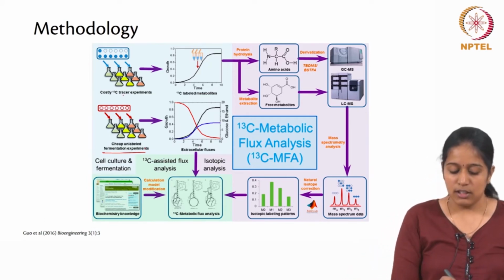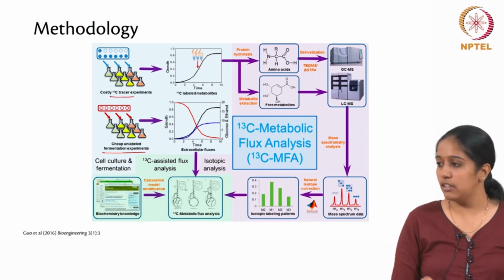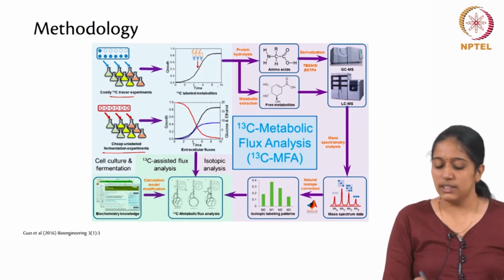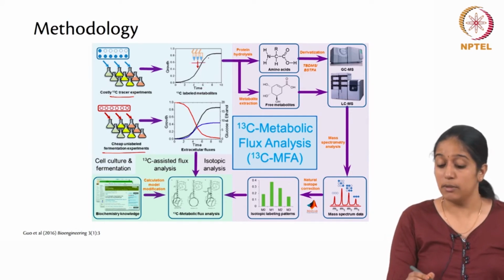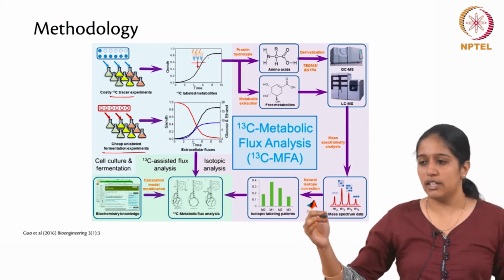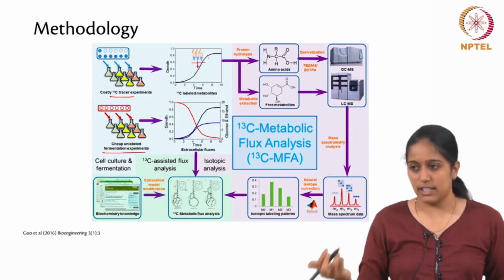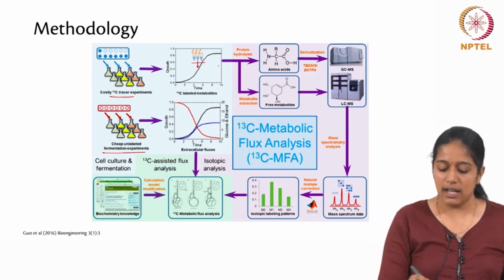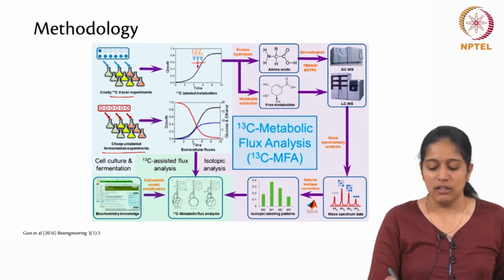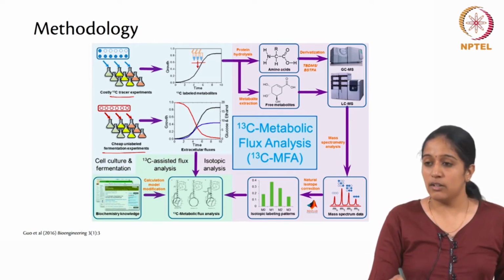And from this you then go to the costly 13C tracer experiments where you again do the same kind of analysis. I mean, you take out samples at different time points or at a particular time point depending on the type of experiment you do, and from that you take the biomass of the cells and find out the amino acid labelings.